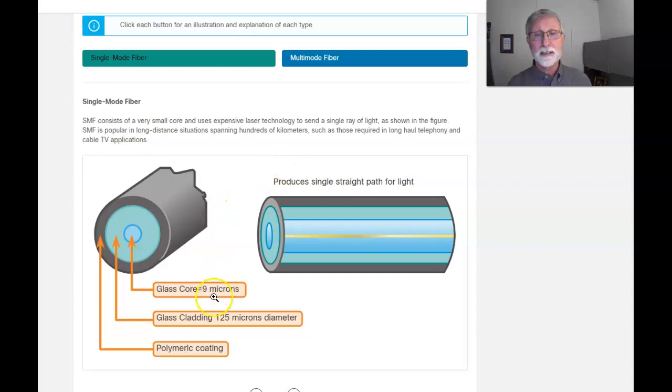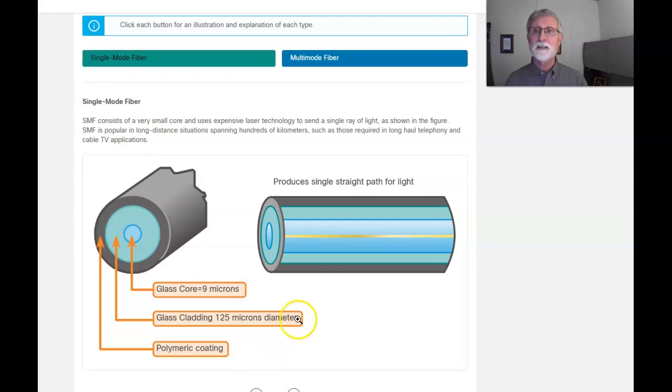This core is like 9 microns, which is hair thin. And then it puts a large protective glass coating around it, and then a polymeric coating around it to protect the glass coating and the glass core.